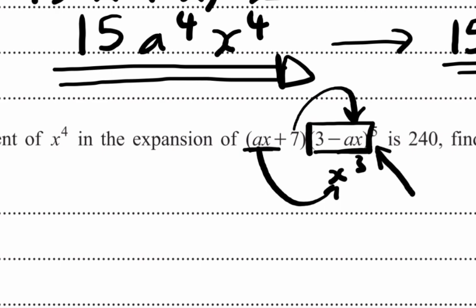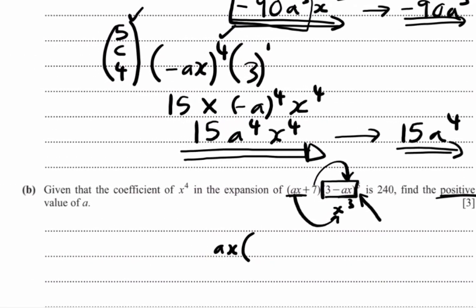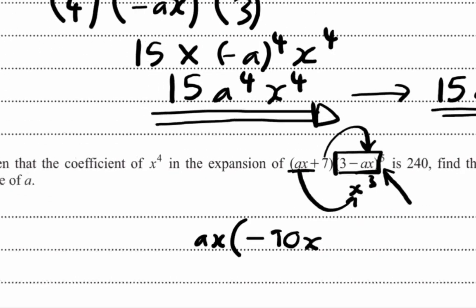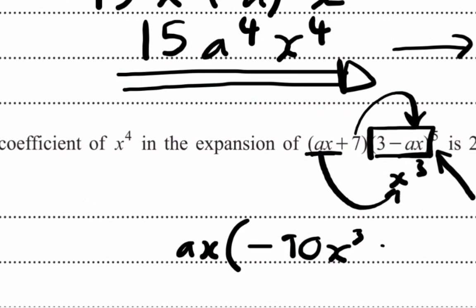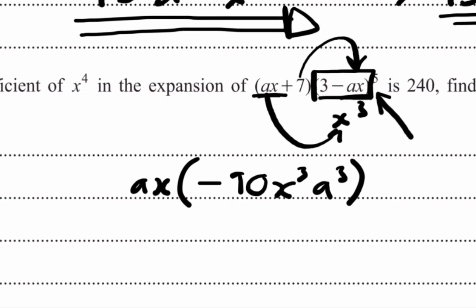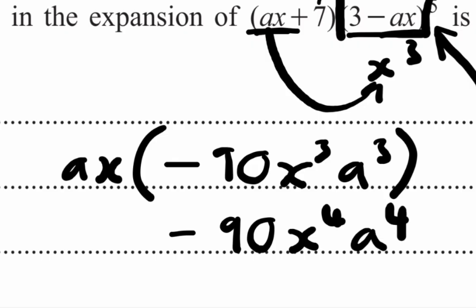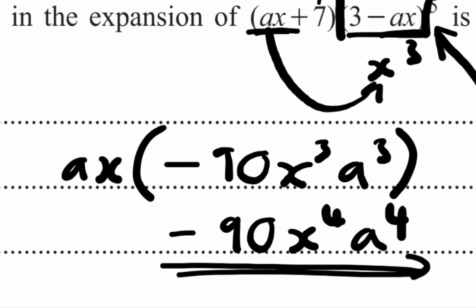So we're going to multiply that by ax. So it's ax, and our term in x to the power 3, that's our minus 90 x to the power 3 a to the power 3, and this will be our minus 90 x to the power 4 and a to the power 4, right?